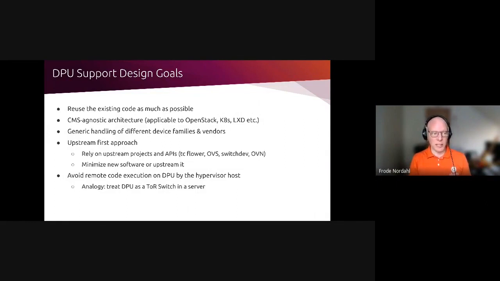We also want to be as generic as possible when handling the devices and vendors. We use infrastructure that's generally available in the kernel. And we also want all of the things we do to be upstream first. We rely on existing upstream projects and APIs.